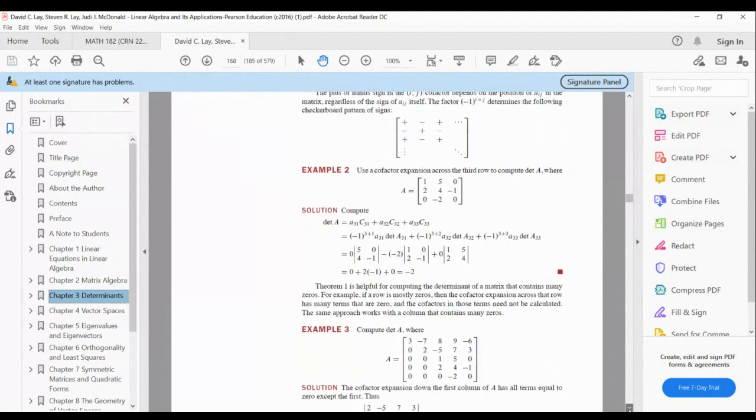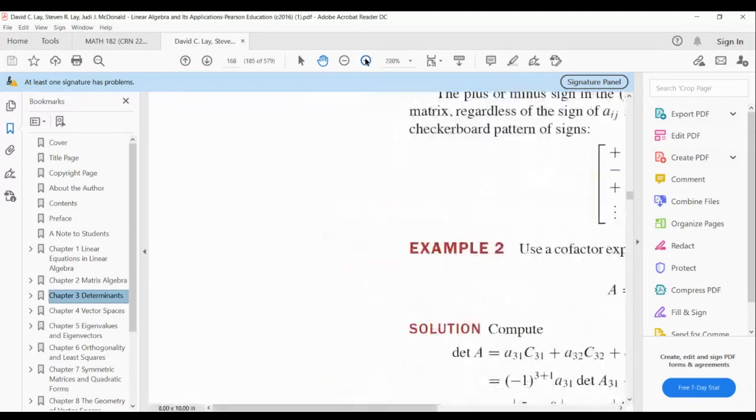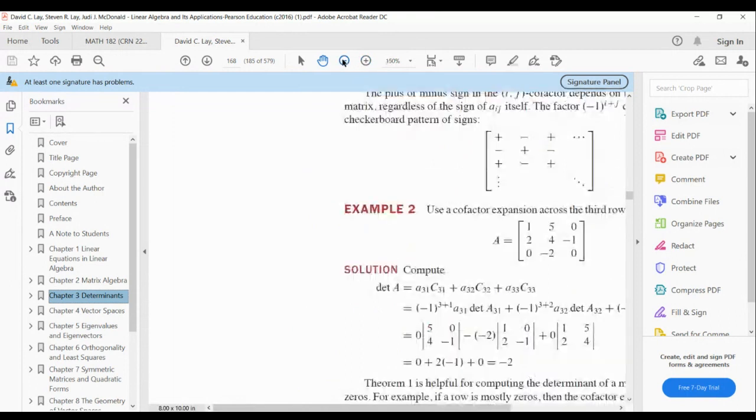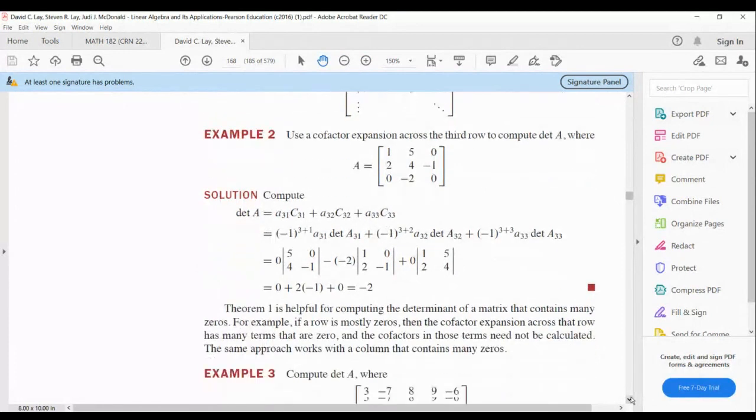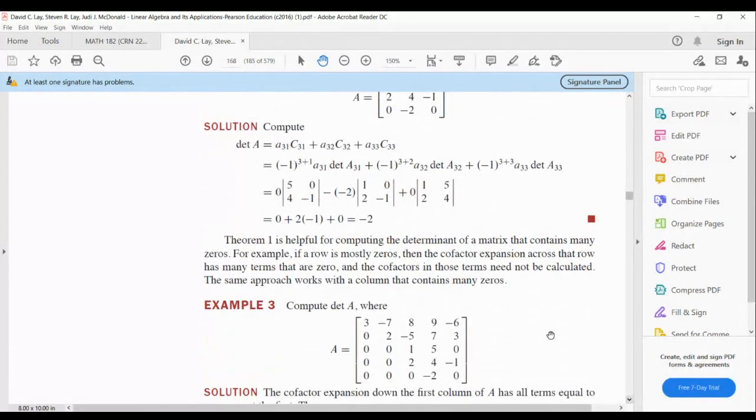Here in example 3 they want you to compute the determinant of a 5 by 5 matrix. Let me make this a little bigger. That is a big matrix, isn't it?